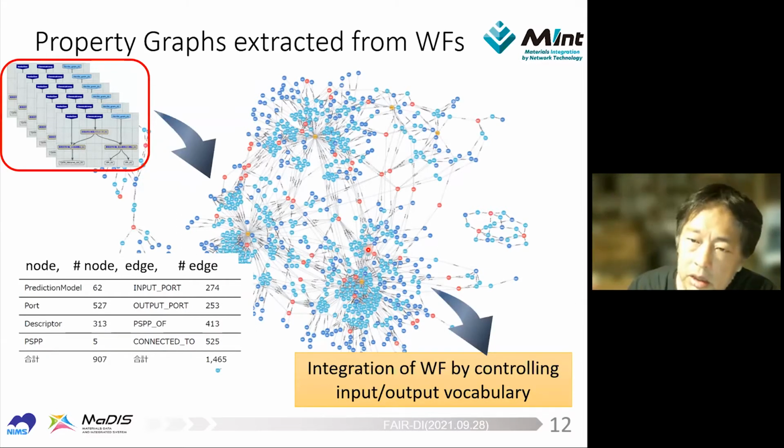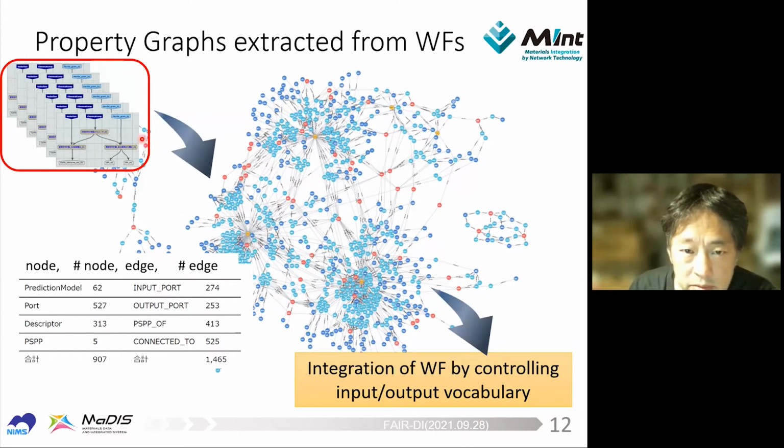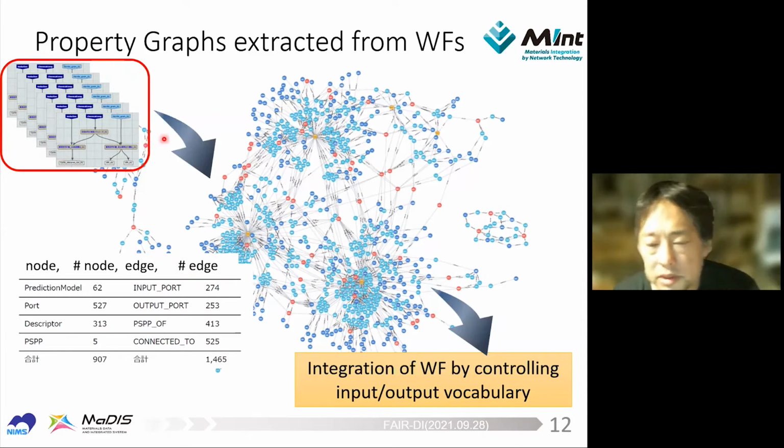And here is the accumulated workflow information as a graph structure database. We can store many different workflows by different researchers, and we can merge them as one graph, or several partial graphs may still exist, but we can get a very big graph of our workflow system.